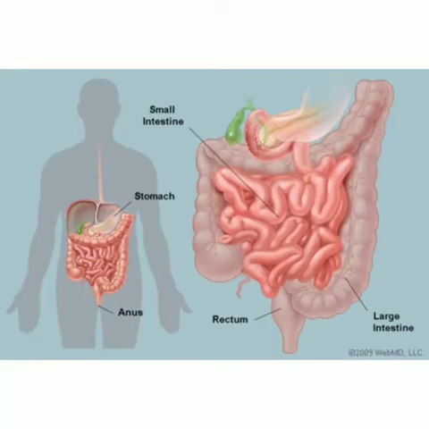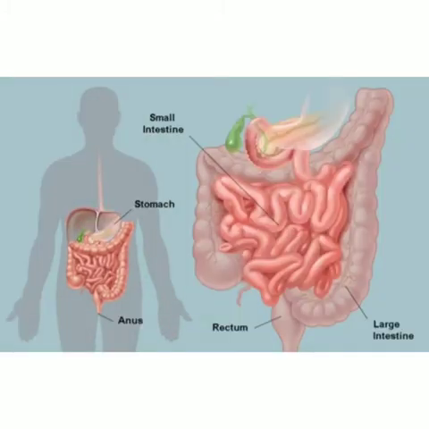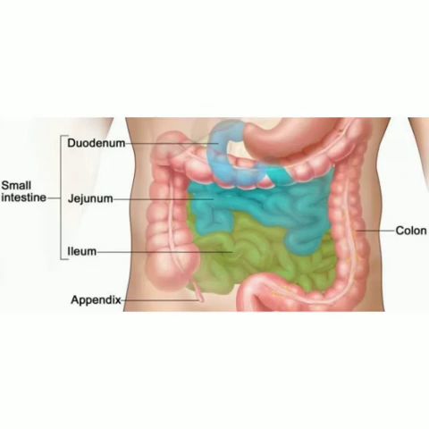The small intestine is around 7.5 meters in length. It is a highly coiled tube. It is covered with finger-like projections called villi, and the villi are highly supplied with blood vessels.